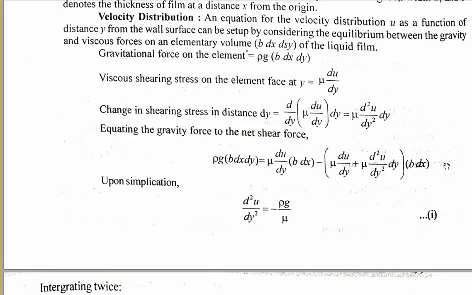Upon simplification, we get d square u by dy square is equal to minus rho g by mu.